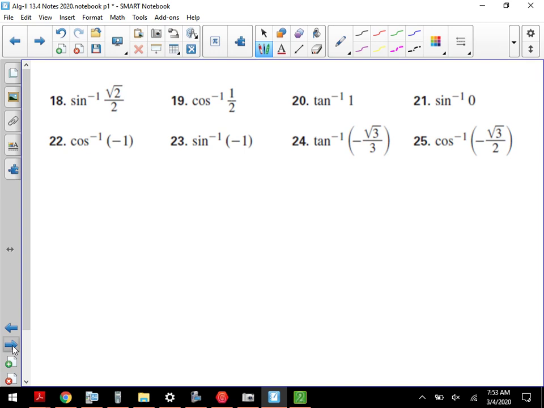Yes, ma'am? So if we look at 20, tangent of 1. In order for it to be a positive tangent, it has to be first quadrant. You have to think first quadrant.